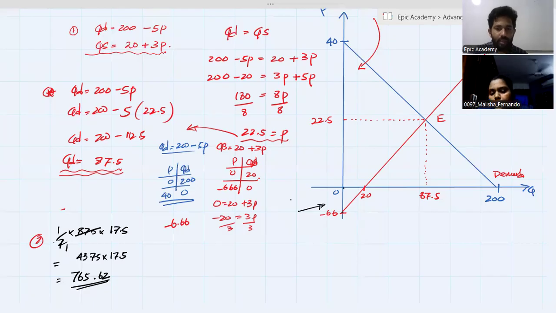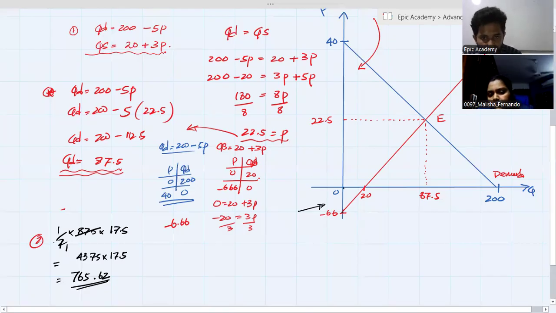Yes. When you calculate the producer surplus, ignore this area of minus value. Why? There's no transaction for minus values. That is why you have to give up this one.